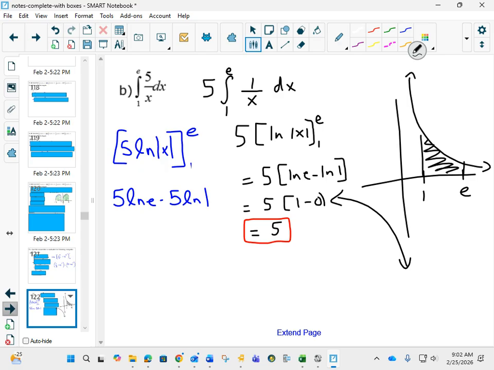That area is not close to 5, it's perfectly 5, even though we went from 1 up to some crazy number e. So when nice numbers come out of not nice numbers, it's sort of like, huh, kind of neat.